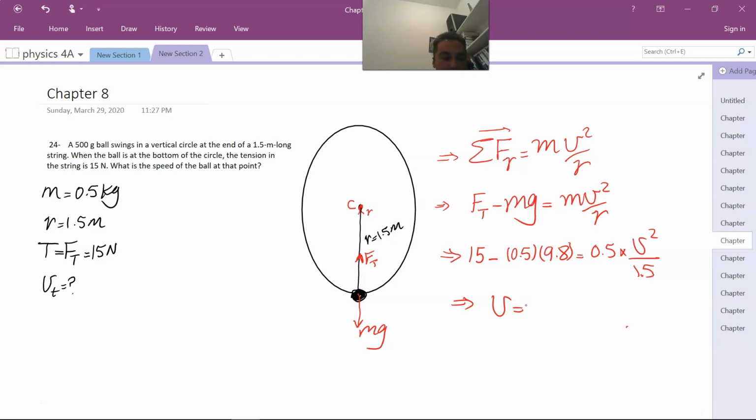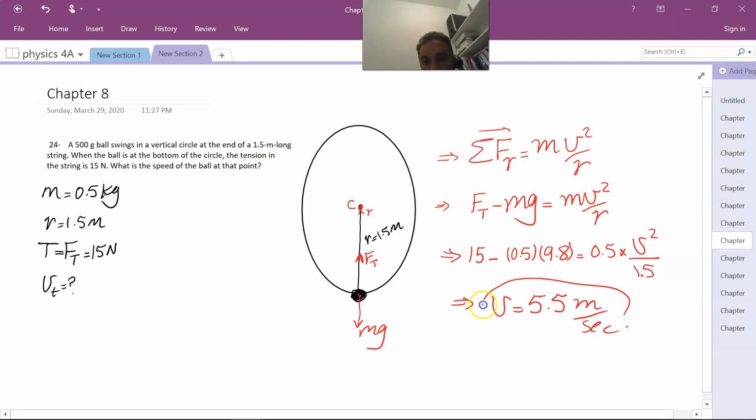If I do 15 minus 0.5 times 9.8 times 1.5 divided by 0.5, then take the square root, 5.5. So V becomes 5.5 meters per second.